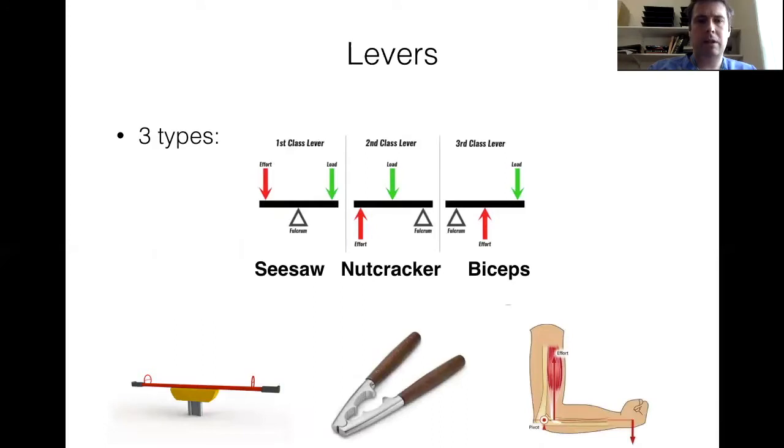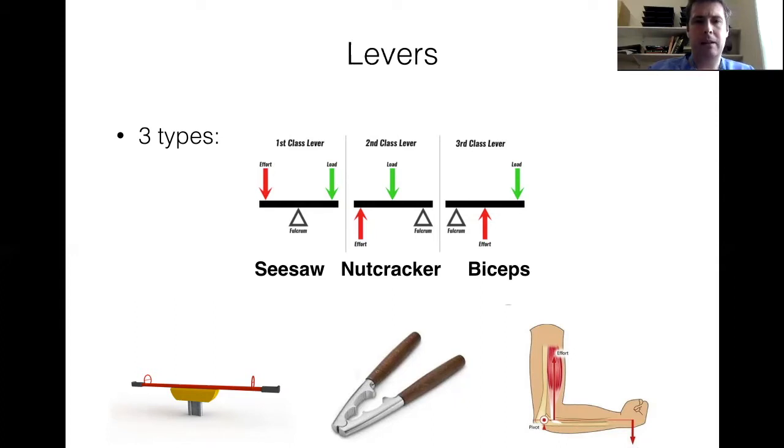There are 3 different types of levers. We describe first-class levers, second-class levers, and third-class levers. The first-class lever essentially is a seesaw. The order of the components across the beam are the effort or the force applied at one end, the fulcrum or the hinge in the middle, and the load at the other end of the beam.